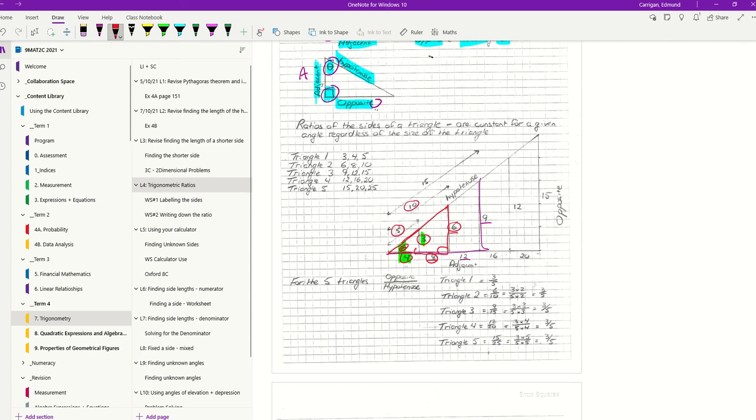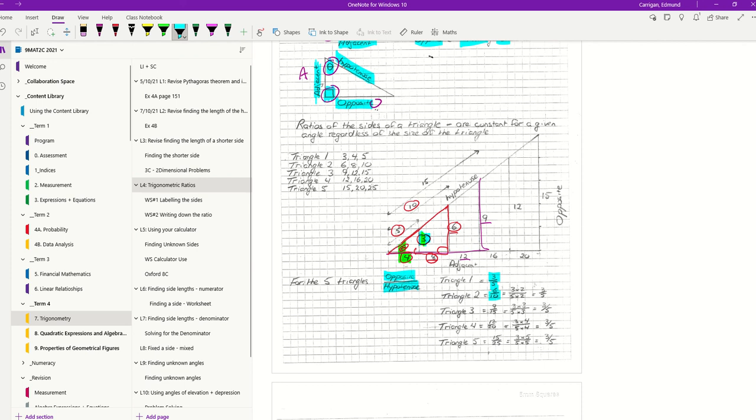I can see the ratio between them is all the same if I have a look at the 5 triangles I've written there. So my 5 triangles, opposite over the hypotenuse, remembering the opposite one is the facing one. So theta down here, my facing one is 3, my hypotenuse is 5. If I go to the next triangle, my facing is 6 and my hypotenuse is 10.